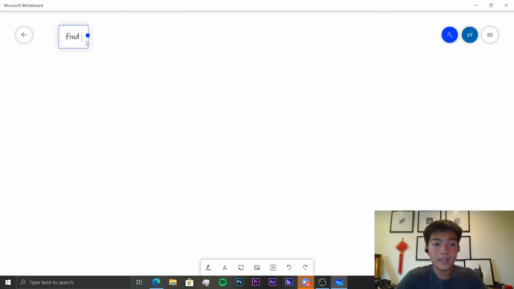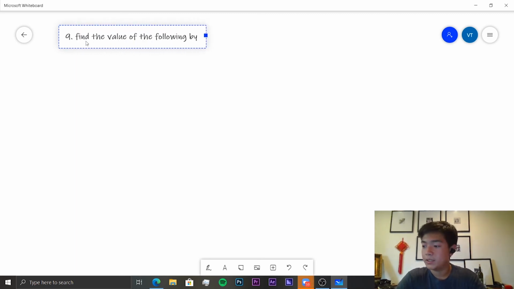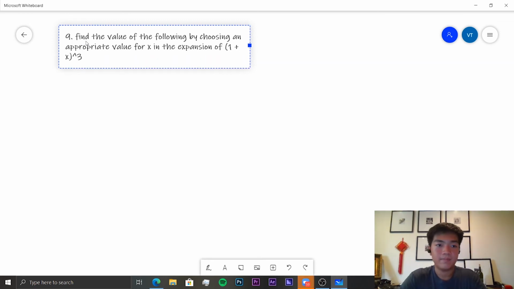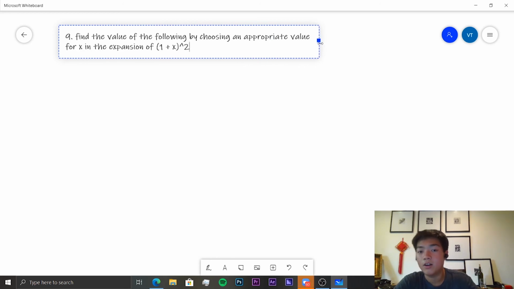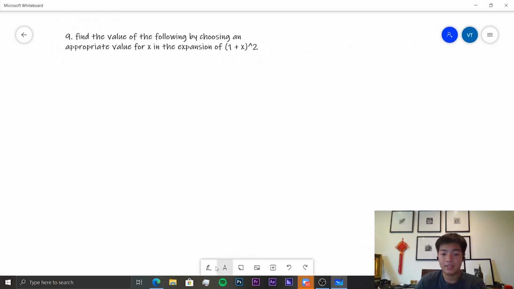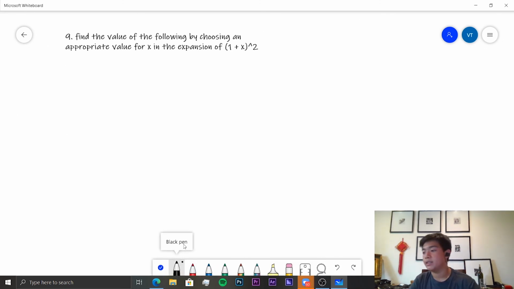So find the value of the following by choosing an appropriate value for x in the expansion of 1 plus x to the n. And I'll be doing the harder one of these two sub-questions since I want to leave the other one for you to do. I think this is an important learning lesson.